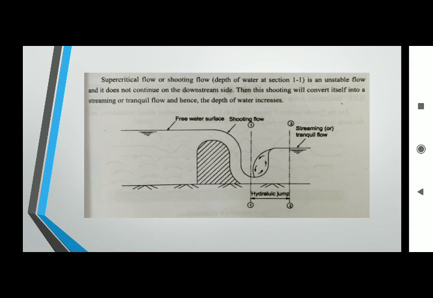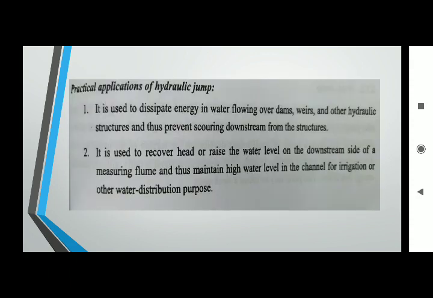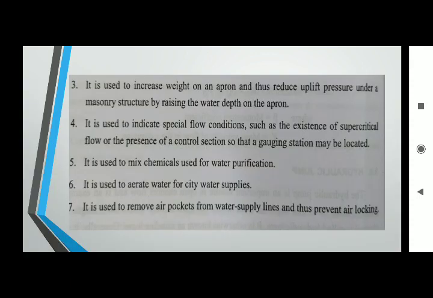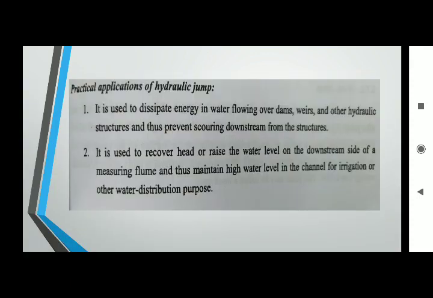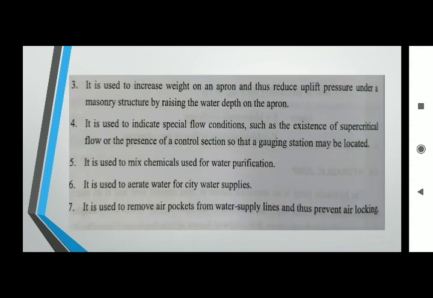It is used to dissipate the energy. The second one is to prevent scouring of downstream structures. Third, it increases the weight on the apron. An apron is a provision at the exit of a dam. Next, the fifth point, it can be used for mixing chemicals.